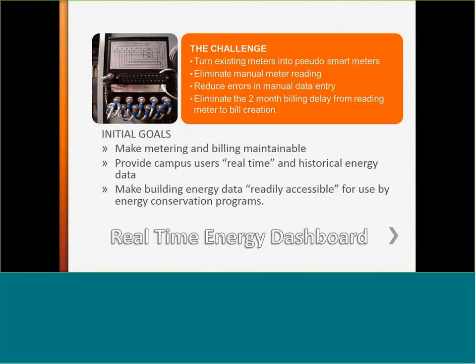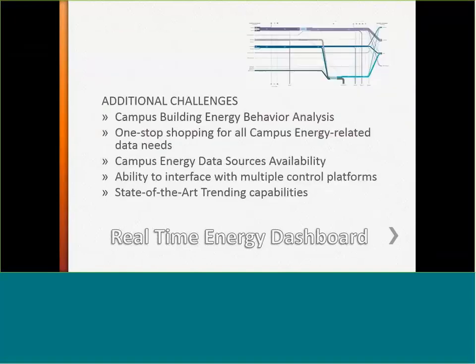So our goals were to make metering and billing maintainable, provide campus users real-time and historical energy data, and make building energy data readily accessible for use by energy conservation programs. We have since had additional challenges. We wanted to document and learn the campus building energy behavior and be able to analyze it, which was a big goal and a challenge.